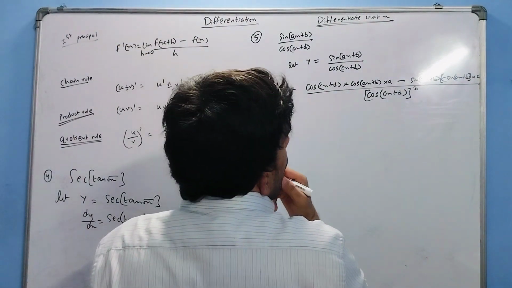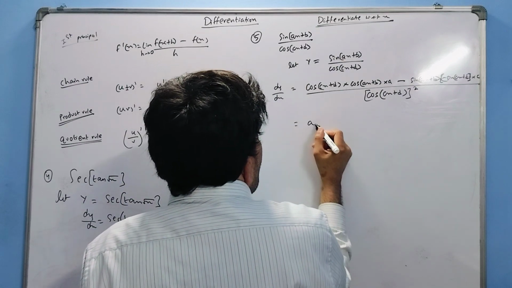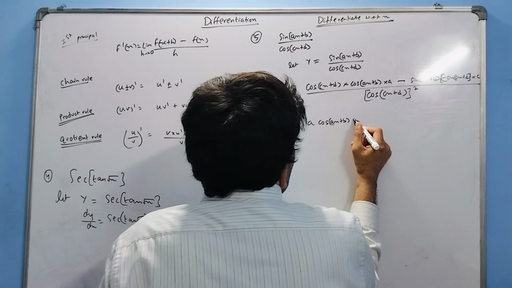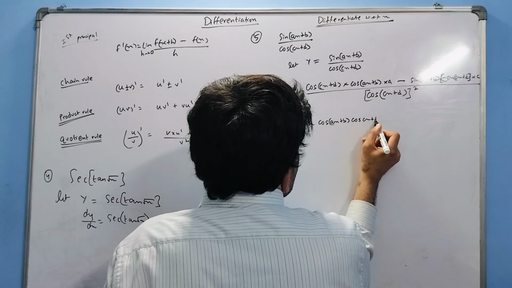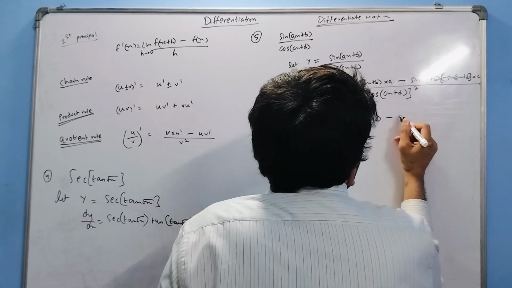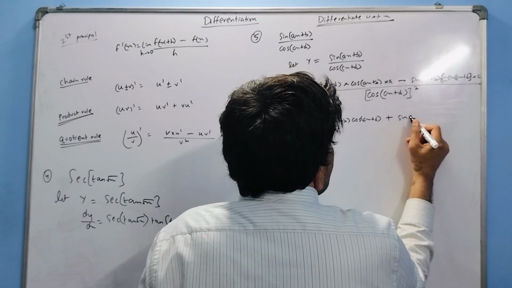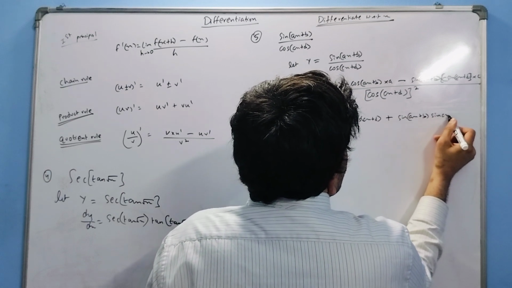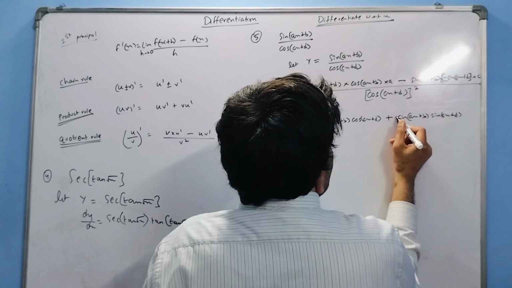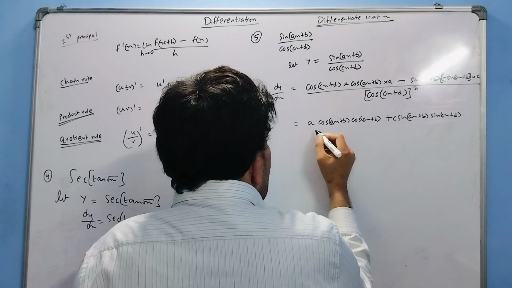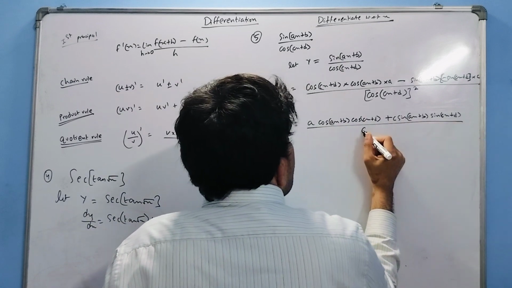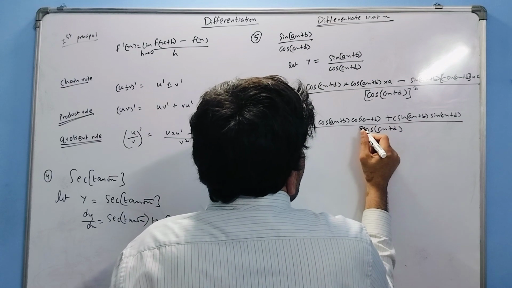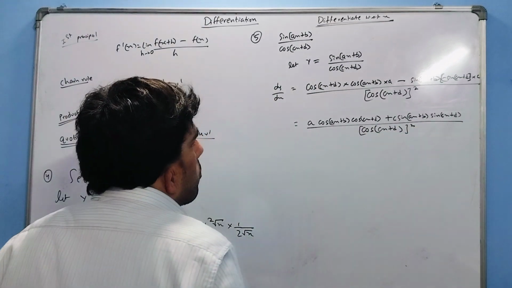Now if we need to simplify, I get a cos(ax plus b) cos(cx plus d) plus sin(ax plus b) sin(cx plus d) into c, upon cos(cx plus d) whole square.